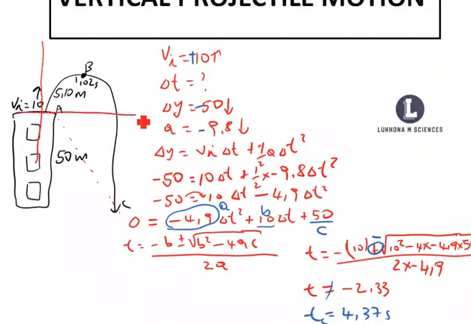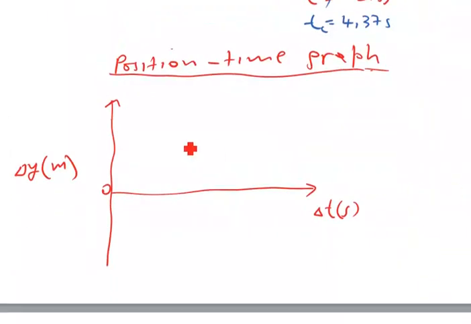This is 0, which means the graph will pass the x-axis like this, to -50, because below is -50. So we draw the graph going up, then passing here. Here is -50.